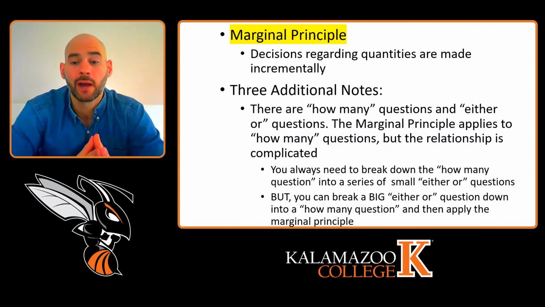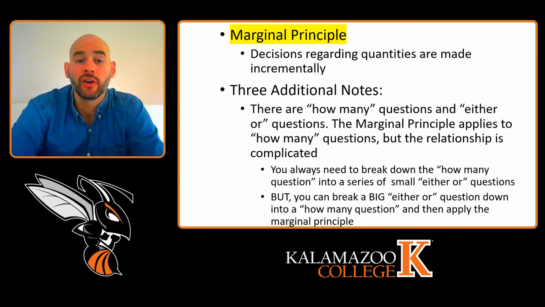So similar to the opportunity cost principle, the marginal principle is not intuitive. I think this is one that may not seem immediately obvious if you are new to economics or if you haven't thought about what real efficient decision making requires, but it's just as important as the previous two principles.